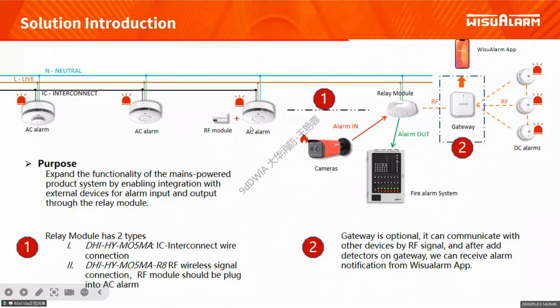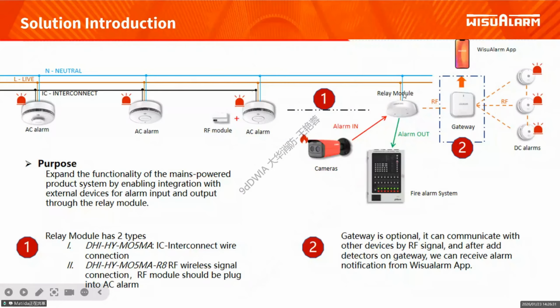And if we already interconnected our DC wireless alarm or AC alarms with the relay model, all the devices in the interconnection network will trigger an alarm, give a sound, and the indicator will flash.